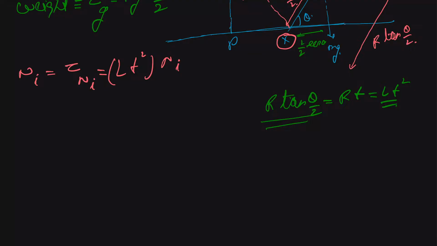And finally, we are having normal of N of i plus 1, that is torque because of N of i plus 1, and the total distance, our lever arm, is L, multiplied by N of i plus 1. Now everything is in equilibrium.